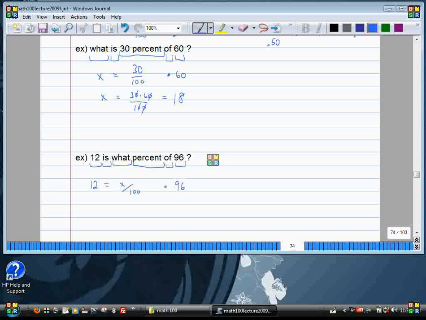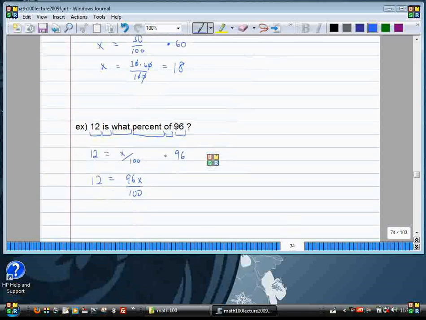Okay. So now we can solve this. You've got 12 equals, if you multiply across, 96x over 100. So how do we finish solving this? I would say I don't like fractions. Let's get rid of the fractions. So to get rid of the divided by 100, what do we do? Right.